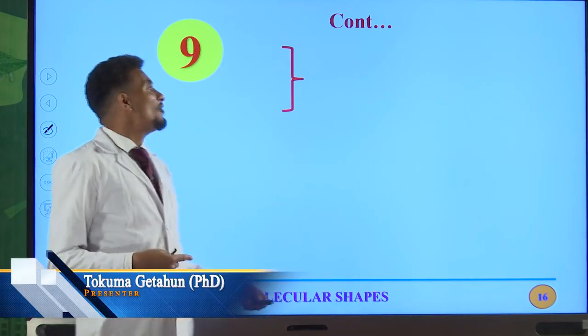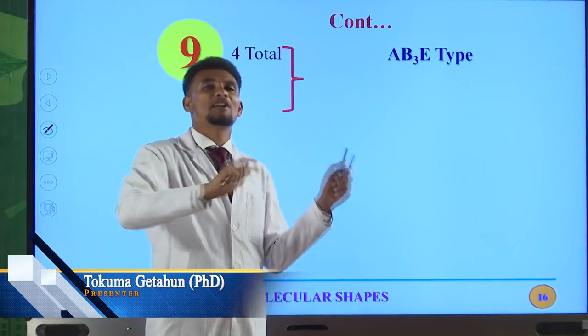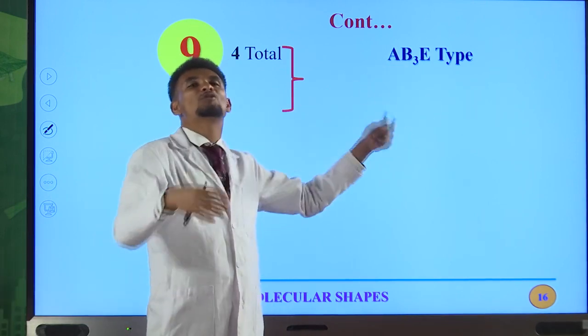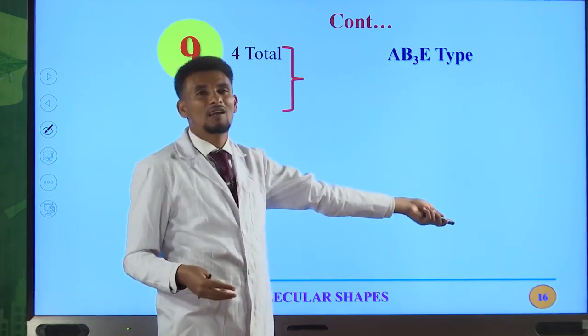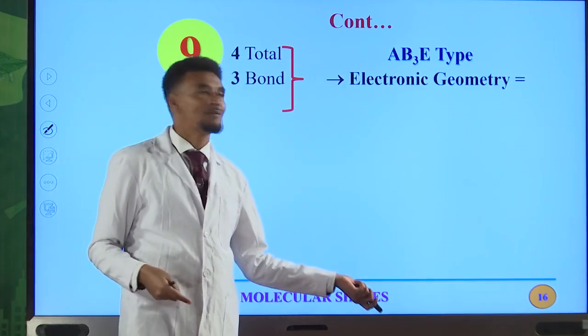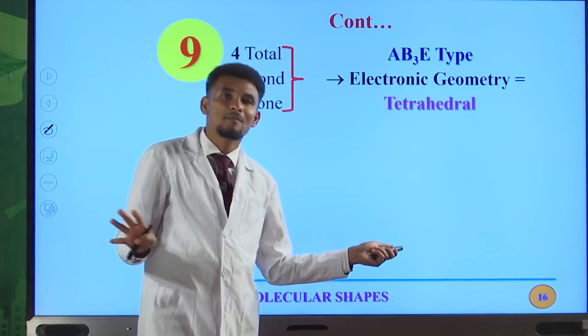The ninth one: from a tetrahedral arrangement, if one bond is replaced by 1 lone pair of electrons, what is the electronic geometry for this type of molecule? What is the molecular geometry? I'm going to tell you about this. Its electronic geometry is tetrahedral, the same. Why?